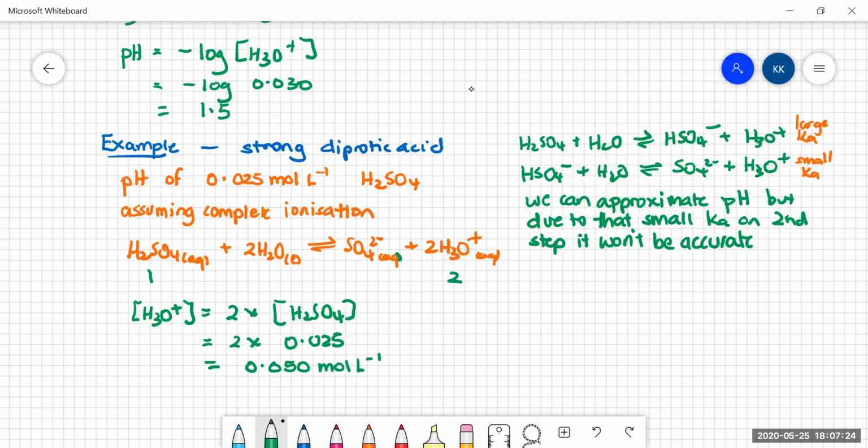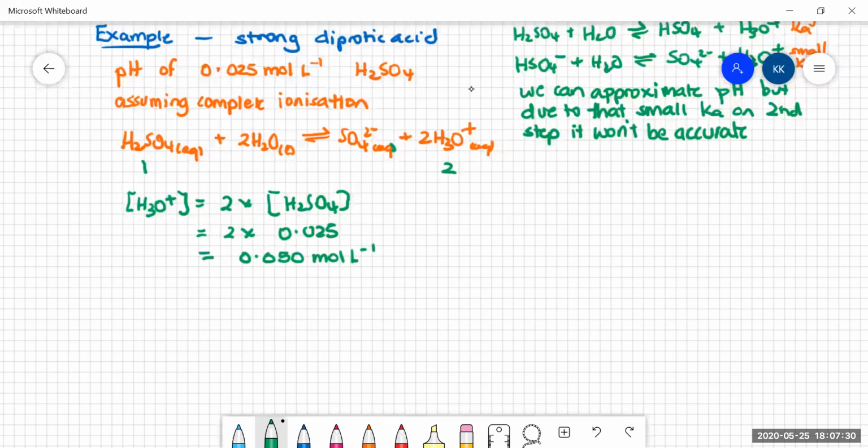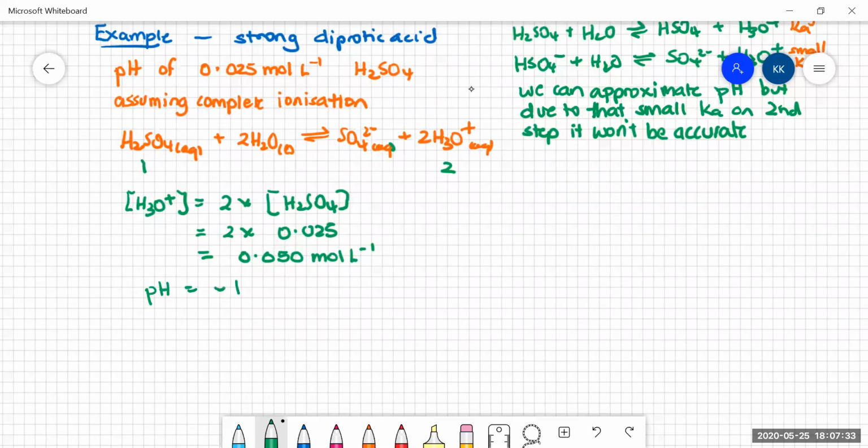From there, we just continue with pH as minus log of concentration of H3O plus. That's minus log of 0.050, and that comes out to be 1.3.